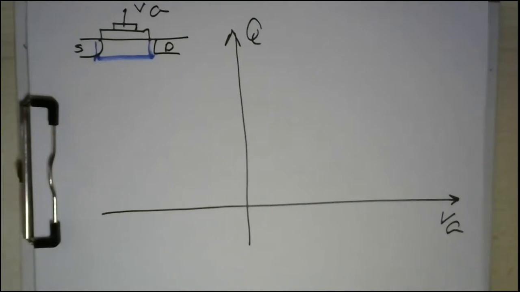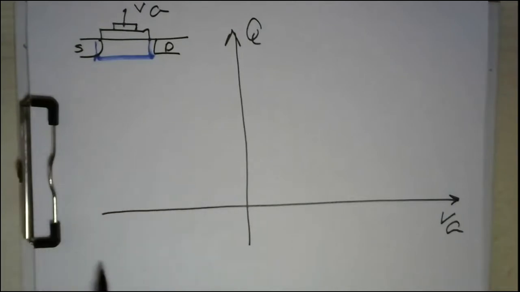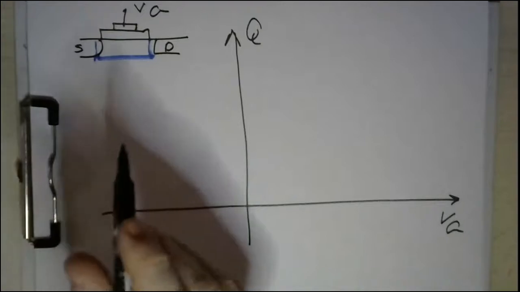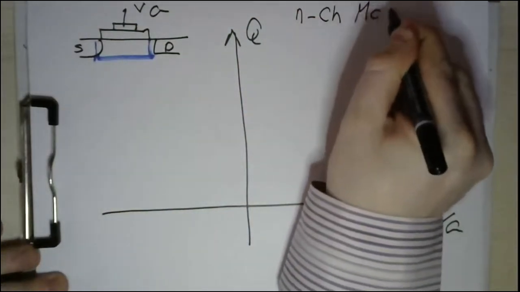Accordingly, we have here two cases: when VG is negative and when VG is positive. Of course, I have to mention that this is an N-channel MOSFET.